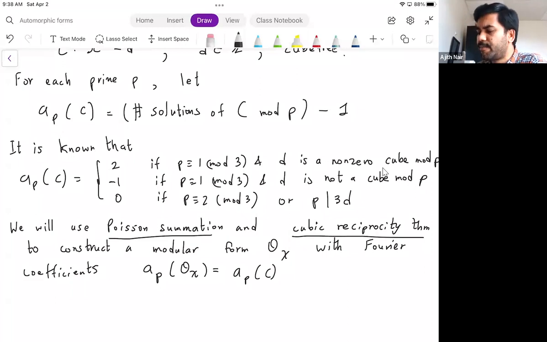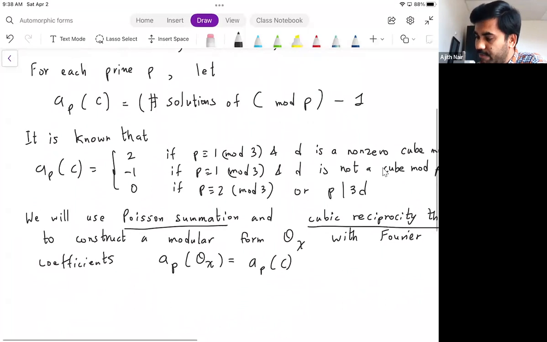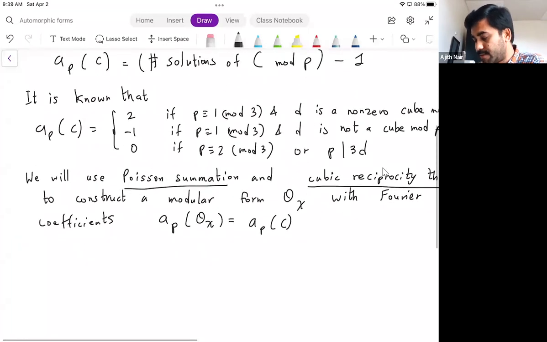The point of this talk is to illustrate some of these ideas in the construction, like where does Poisson summation come up and where does cubic reciprocity come up. So that was the basic setup. Now I will start the construction, and please feel free to stop at any point if you have any questions.